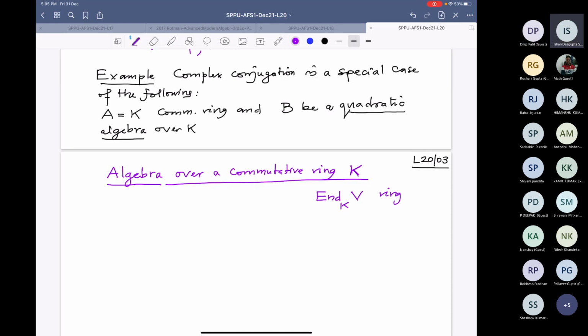Somebody else is talking. Who is talking? Sir, it's me. I think you need the image to be in the center if it's non-commutative. What needs to be in the center? The image of the ring homomorphism.